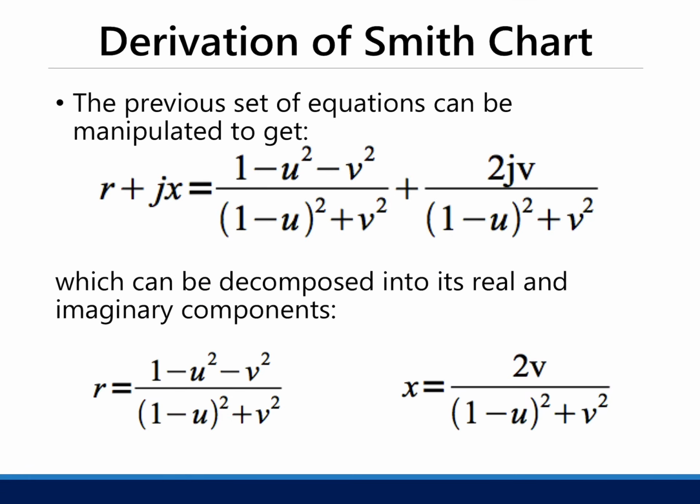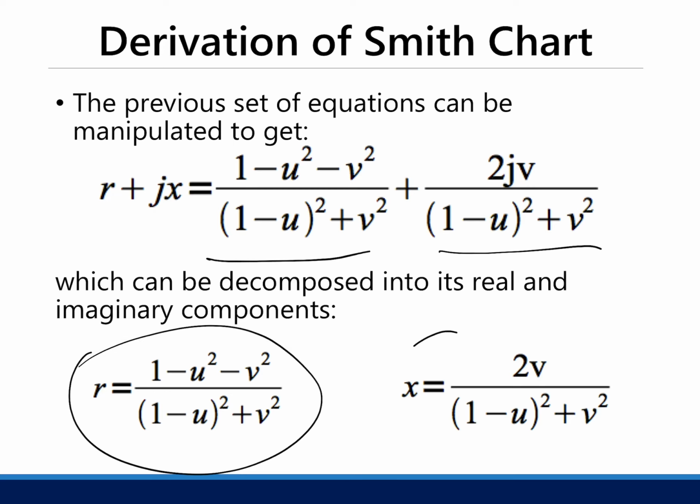So this is the real part and this is the imaginary part, which you can separate into those components. The real part is equal to this, and the imaginary part is equal to this. These two equations are the basis of your Smith chart.